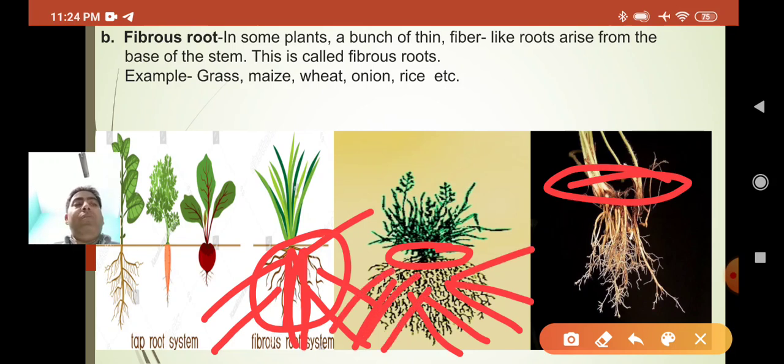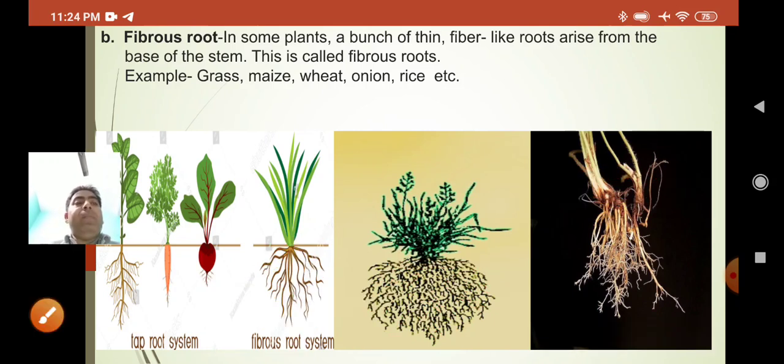Examples: in grasses, when you take them out, a bunch of thin fibrous roots is found. Maize also contains a fibrous root. Onion also contains a fibrous root. Rice also contains a fibrous root.